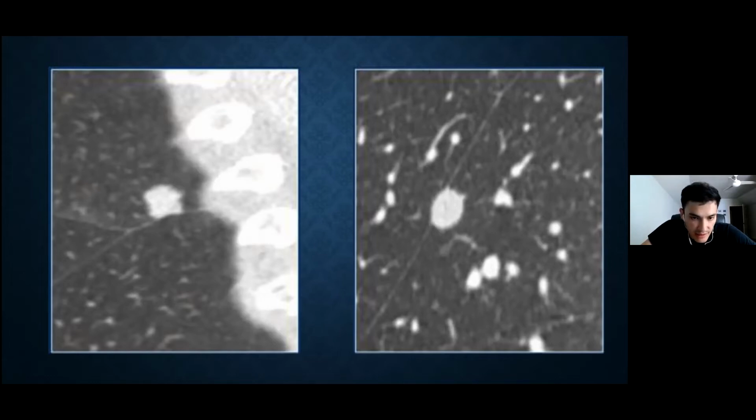The nodule is heterogeneous, has some increased densities inside. So this is not a peripheral node. This is most likely a pulmonary nodule, a solid nodule. And in this case, it should be evaluated with further chest CT with tension sessions.